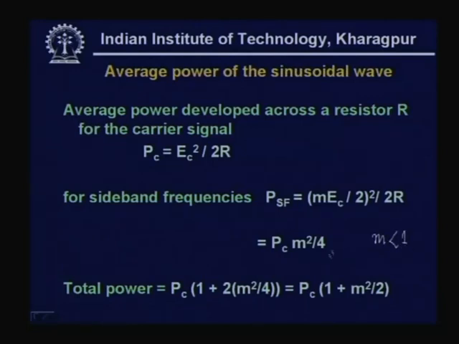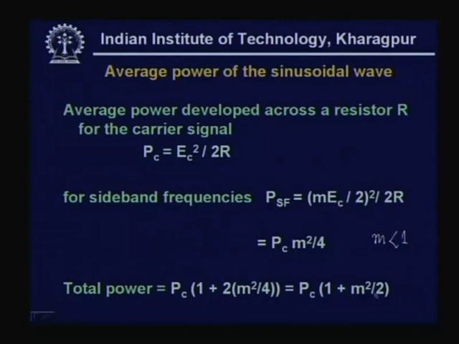So, this value will always be less than 1/4. That means you are using less than 1/4 of the power to transmit one of the sidebands. That means less than half of the power is used to send the two sidebands, and half of the power you are using to transmit the carrier signal.